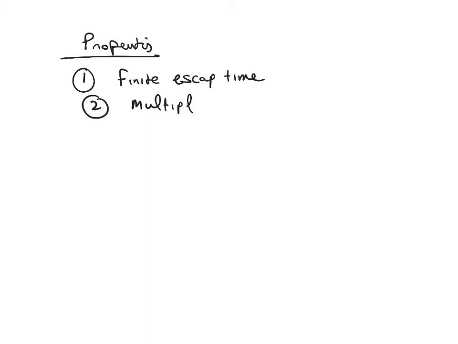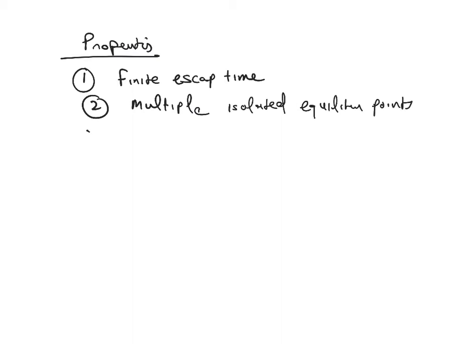If a linear system was unstable, it would go to infinity as t goes to infinity, but here you can exactly tell that at t equals 1, it will go berserk. And second, multiple isolated equilibrium points; we'll take some examples and it will be clear.